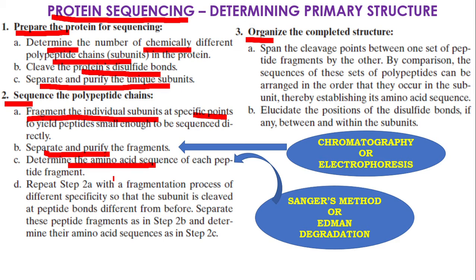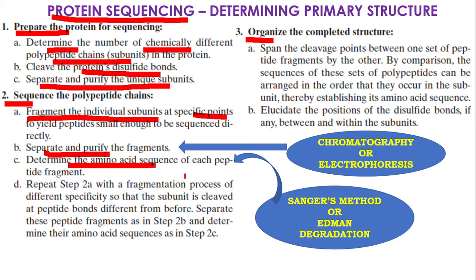You know why? Because we want to split this polypeptide chain at a different position compared with the first. So in the second case, we cut the polypeptide chain at a different position. Again we get small fragments, again we separate and purify them, and again we determine the amino acid sequence of these fragments as well.